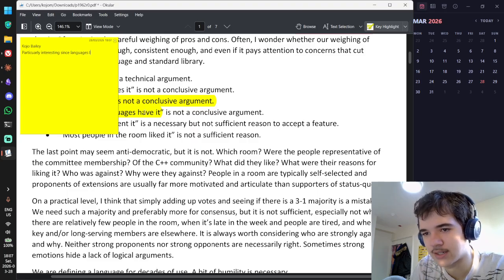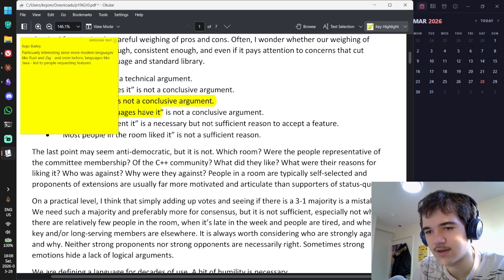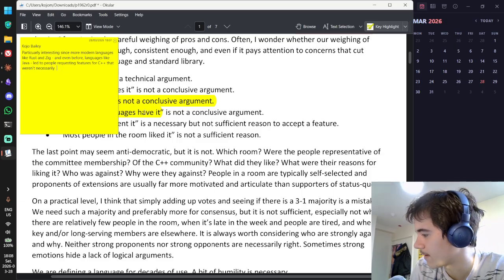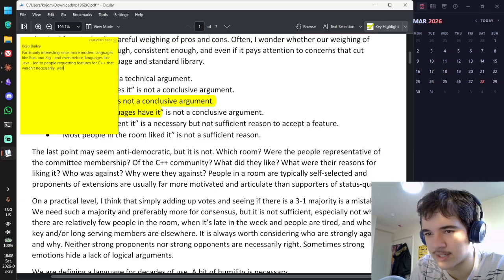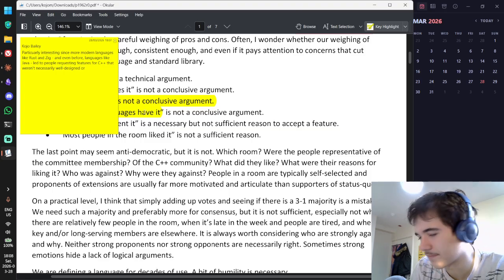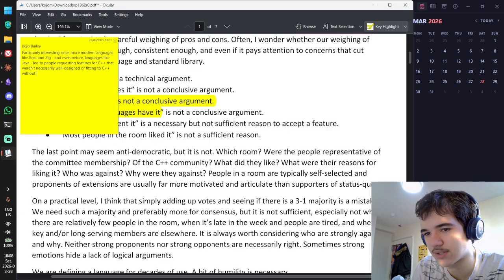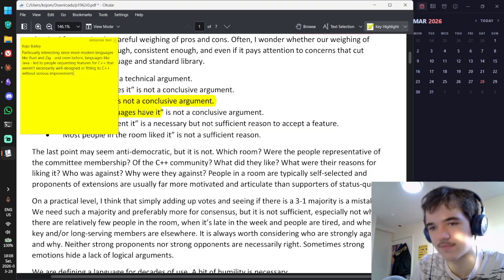since more modern languages like Rust and Zig, and even before, languages like Java led to people requesting features for C++ that weren't necessarily well designed or fitting to C++ without serious improvement.